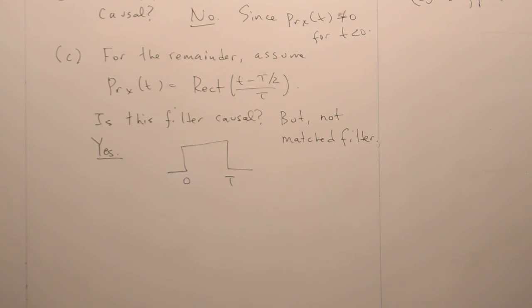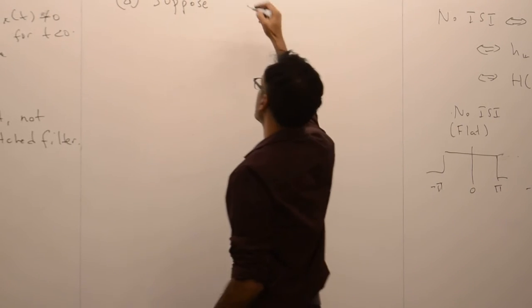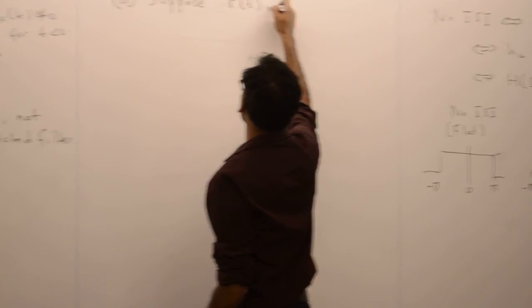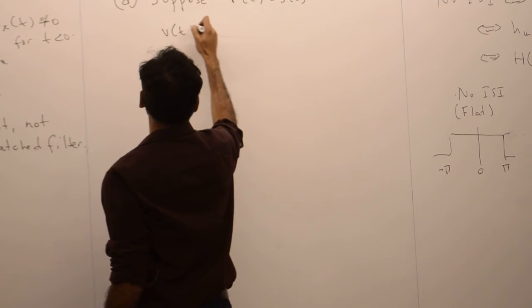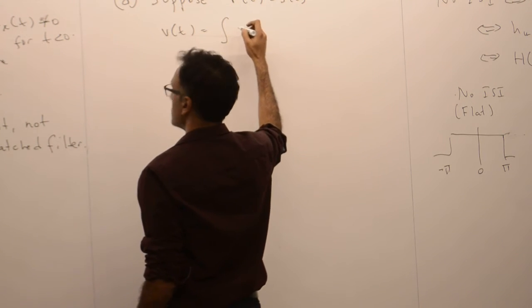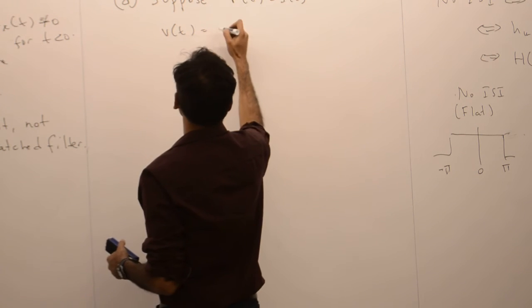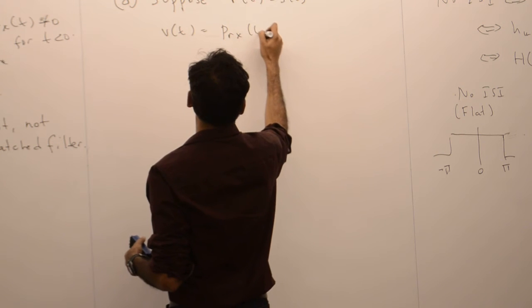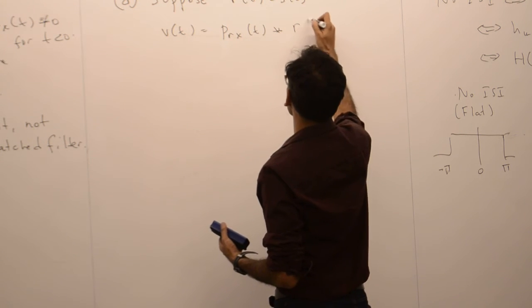Suppose that S of t is PRX convolved with R of t.